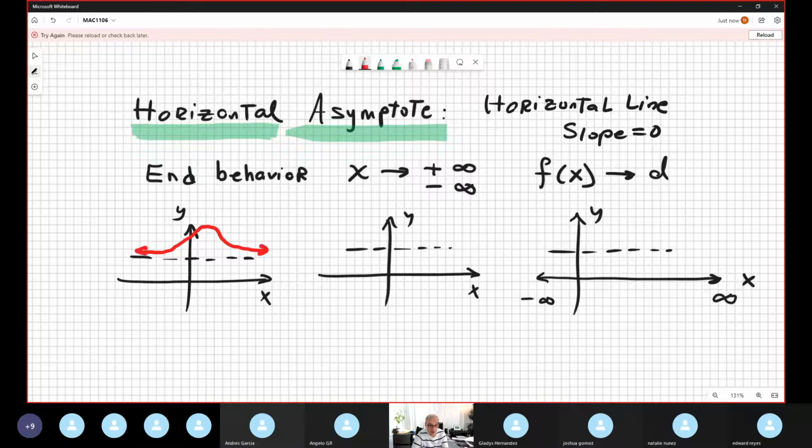I put an arrow to indicate that the function continues forever to the right and to the left, positive infinity, negative infinity. And the beauty is that both values are the same. In another function, the behavior at infinity is different from negative infinity. But in rational functions, no. I guarantee 100% it's the same.